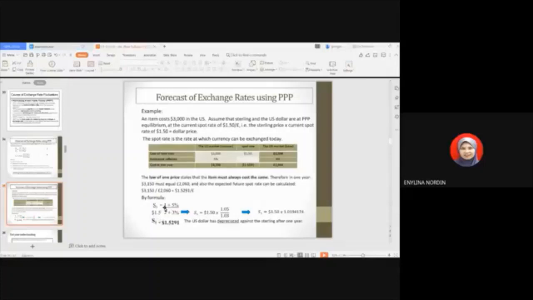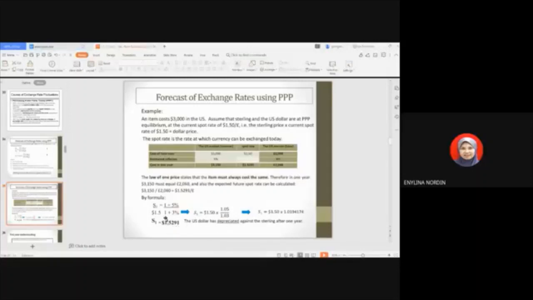This equals 1 plus the inflation rate in the foreign country, that is the US, 5%, divided by 1 plus the inflation rate in the base currency, which is the UK, 3%. Therefore you can get the expected future spot rate.